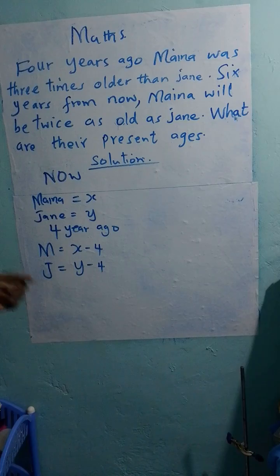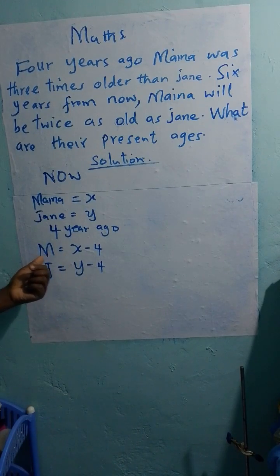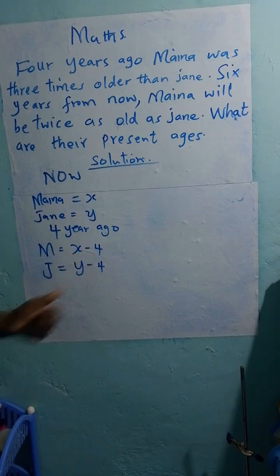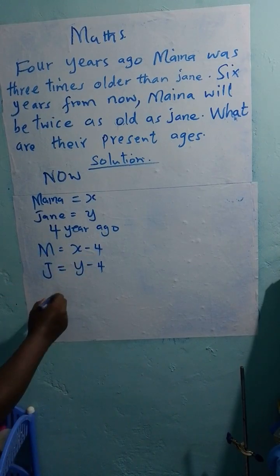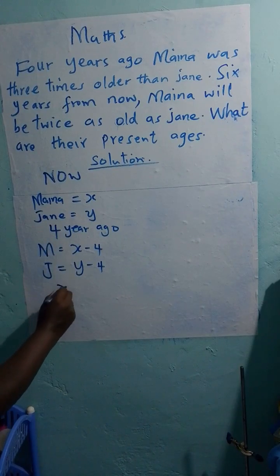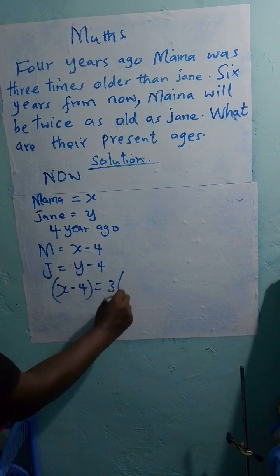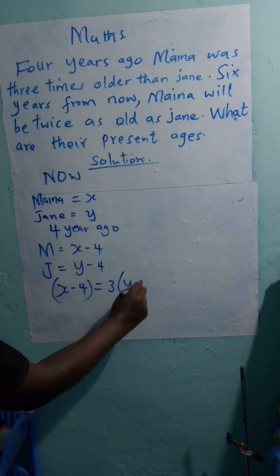So how can we make the number of years of Jane and Mina the same? It's either we multiply the number of years of Jane times 3, or we divide that of Mina by 3 to make it equal. It means that 4 years ago, Mina, which is x minus 4, will be equal to 3 into y minus 4.